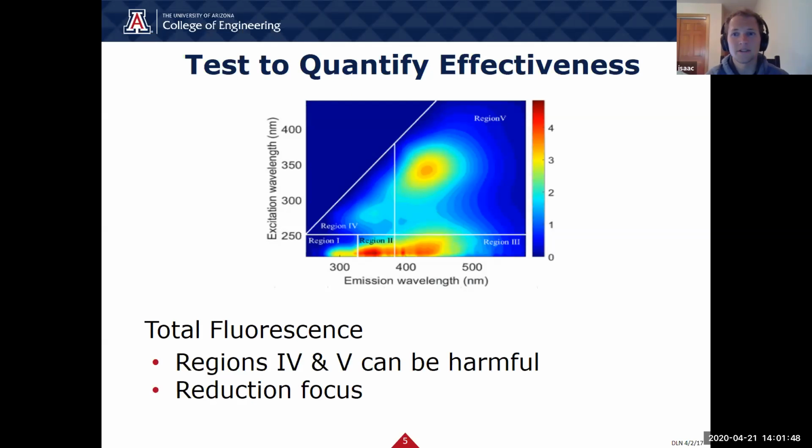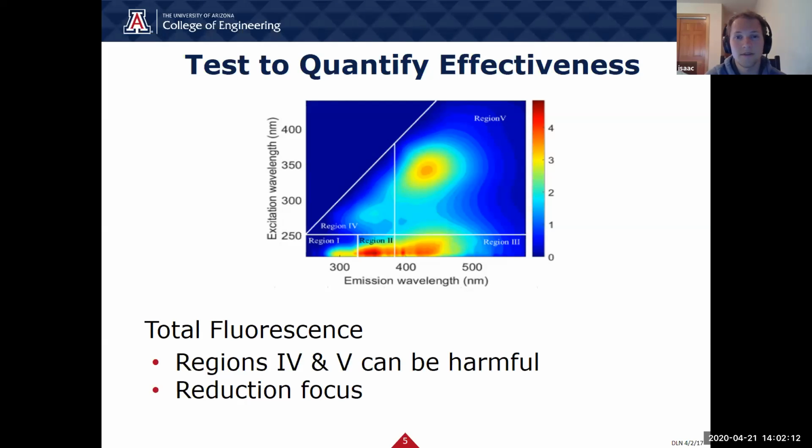All right, so as Manuel said, we're going to focus on fluorescent organic reduction for this part of the direct potable water reuse system. One of the ways to quantify the effectiveness of advanced oxidation in this reduction is shown in this graph. Regions 4 and 5 contain more potentially harmful organics, so this is the focus for our reduction.